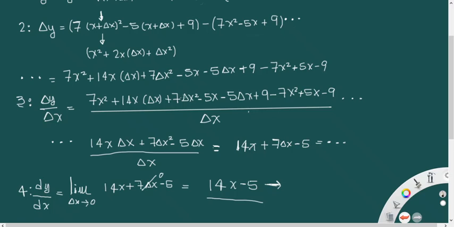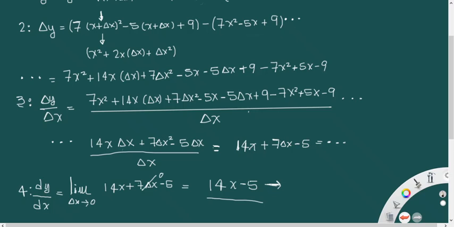And so doing all the simplification, we end up with 14x delta x plus 7 delta x squared minus 5 delta x all over delta x. Dividing, this delta x cancels with this one.